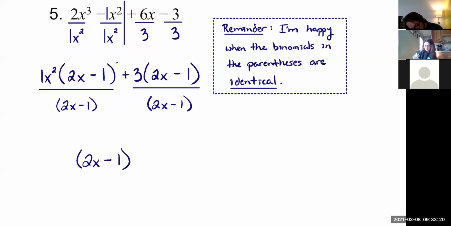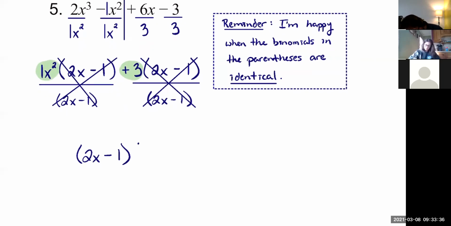But when we go back to divide, all it does is it removes it from those two halves. And what we get in our final set of parentheses is whatever they leave behind. So in this case, we get a 1x squared plus 3.